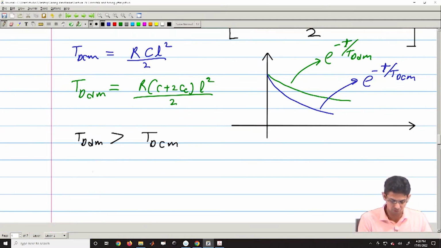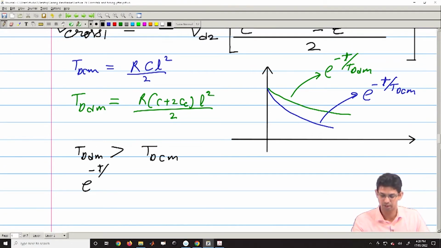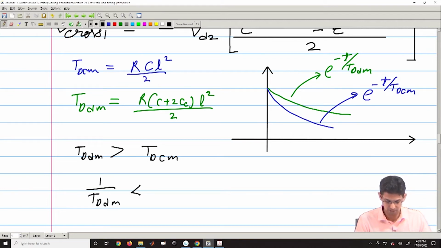So, if I want to look at how this would attenuate, e to the power minus T divided by this is a bigger term. If I bring this in the exponent, there would be a smaller term of e to the power minus. So, what I am saying is that 1 by T D D M is then less than 1 by T D C M.